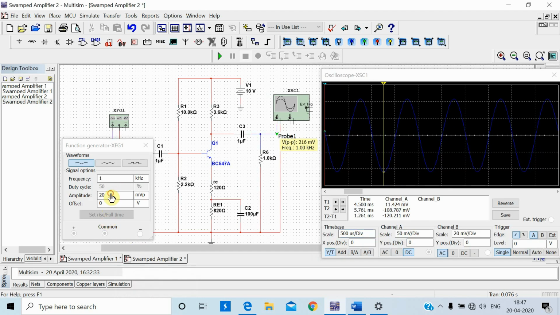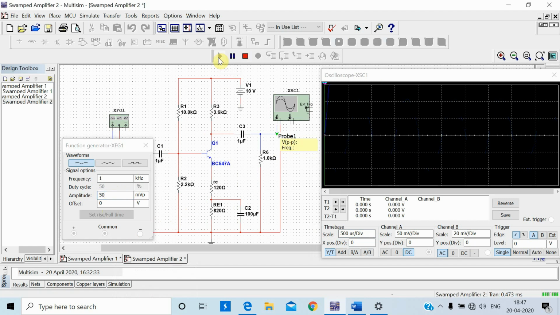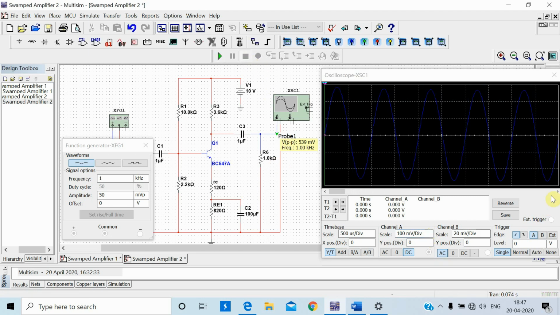Similarly here, we change the value to 50 millivolt peak, meaning 100 millivolt peak to peak. So see, again change the scale. So here is a perfect sine wave, input sine wave, output sine wave. Stop the simulation.